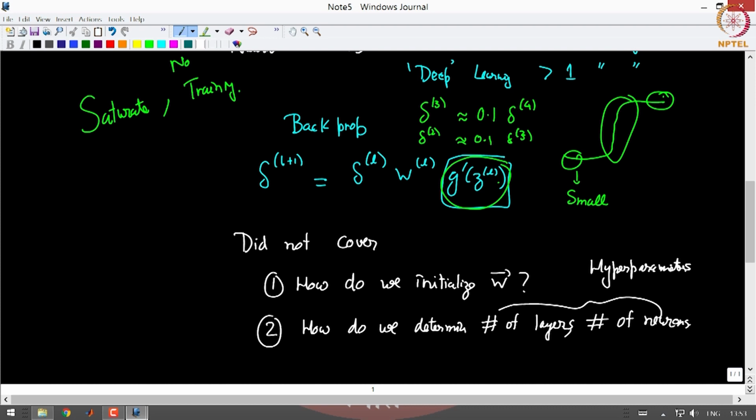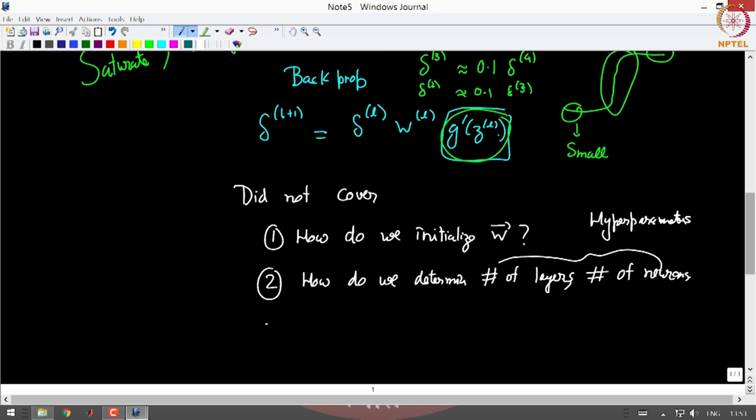Remember, in addition to alpha, which is your learning rate, and lambda, which is your regularization parameter, number of neurons, number of layers per neurons, all these are also treated as hyperparameters, and hyperparameter optimization is a big problem. It is an open problem in neural networks. Dr. Ganapathy will be discussing a few details about this later.